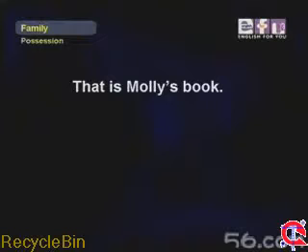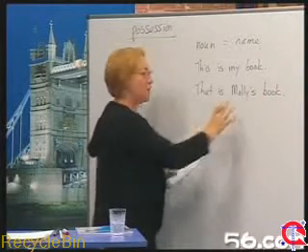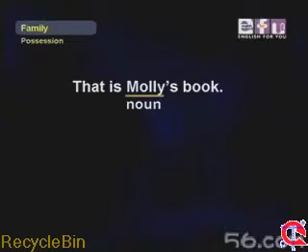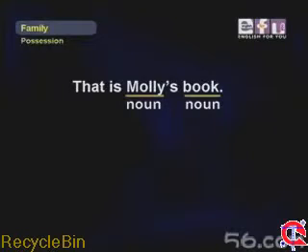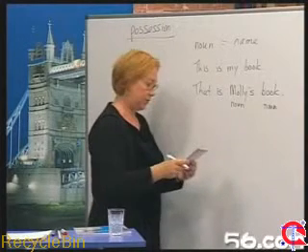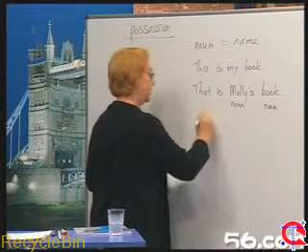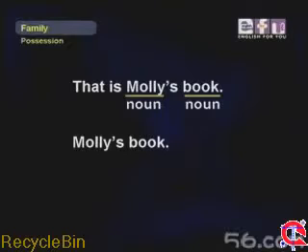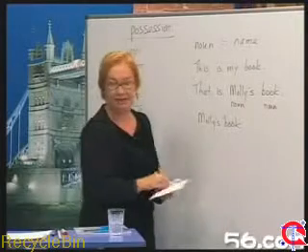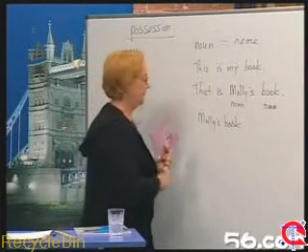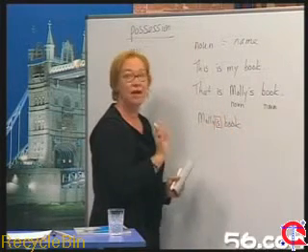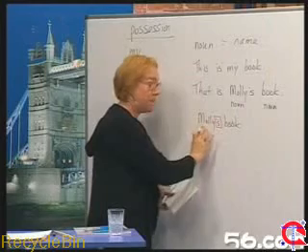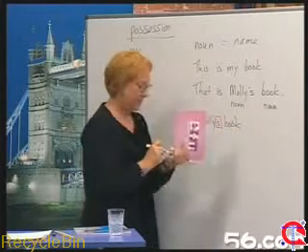Molly is a noun. Book is a noun. So that is Molly's book. Notice that the S here is for possession, not is. Possession. Molly's book. All right?